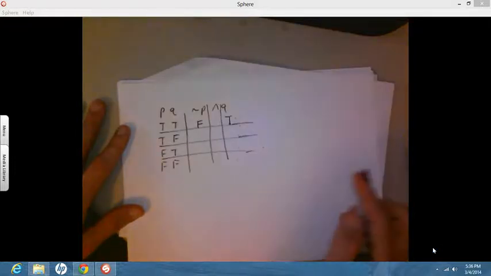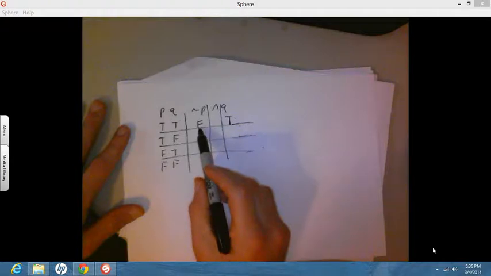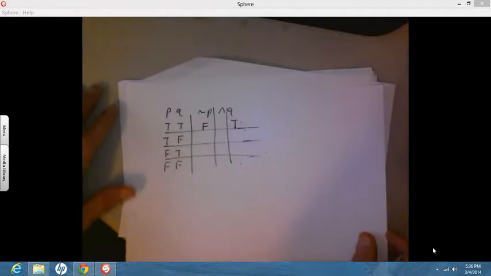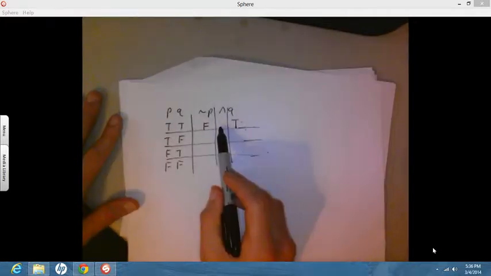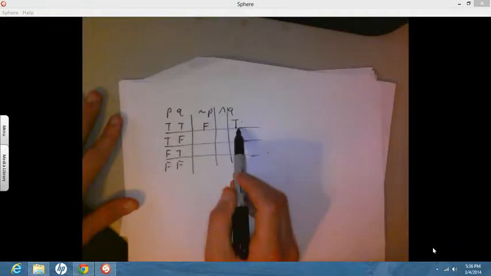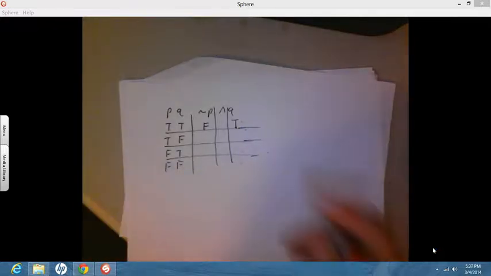Remember, the only way the AND is true, the only way the conjunction of two things can be true, is if both of the two statements are true. But I have a false statement and a true statement here, so this is going to be a false statement. So inputs of true, true, in this case, evaluate to false.